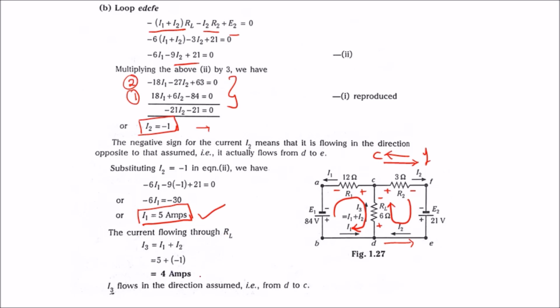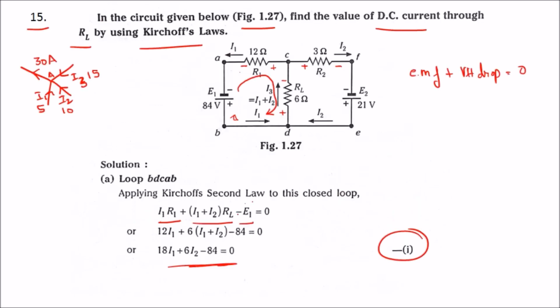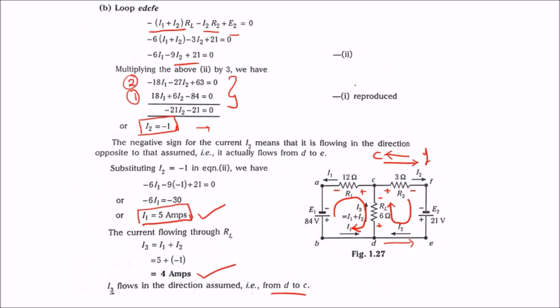So I3 flows in the direction assumed, from D to C. Here we need to find the DC current through RL. That is nothing but I3. We have found it as 4 amps.